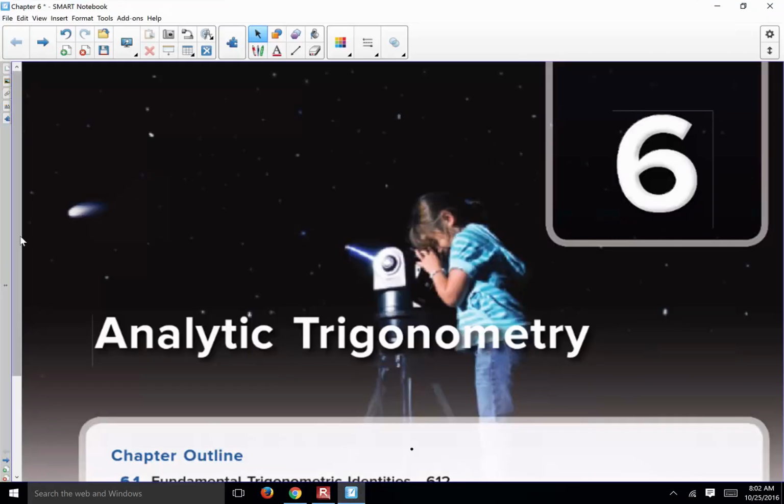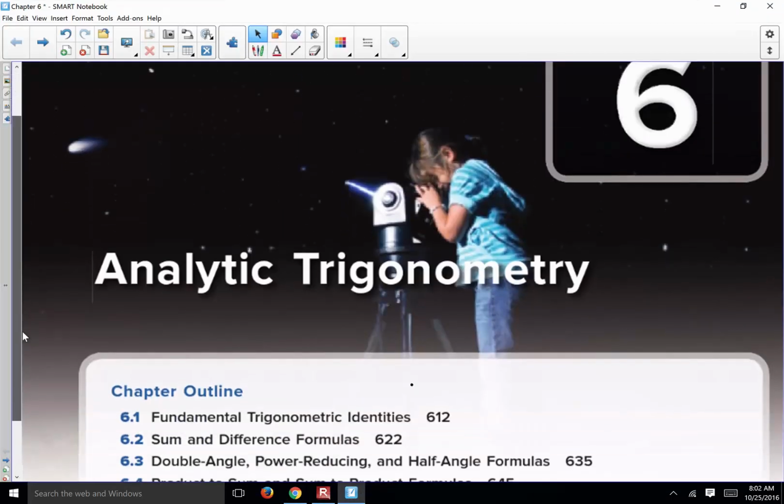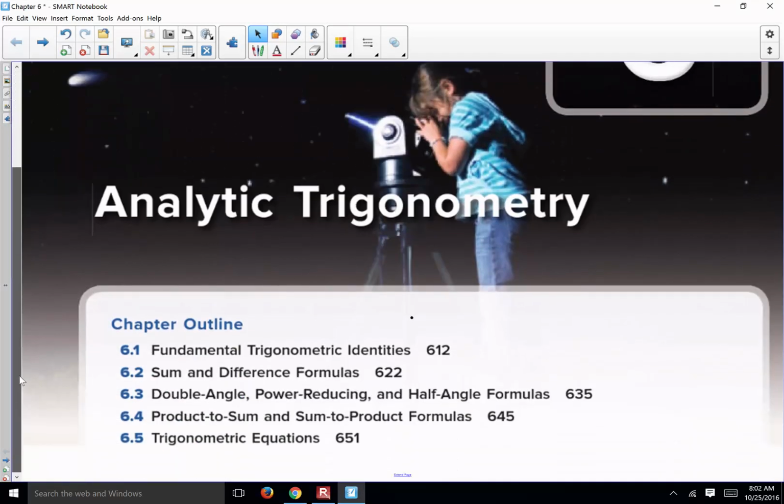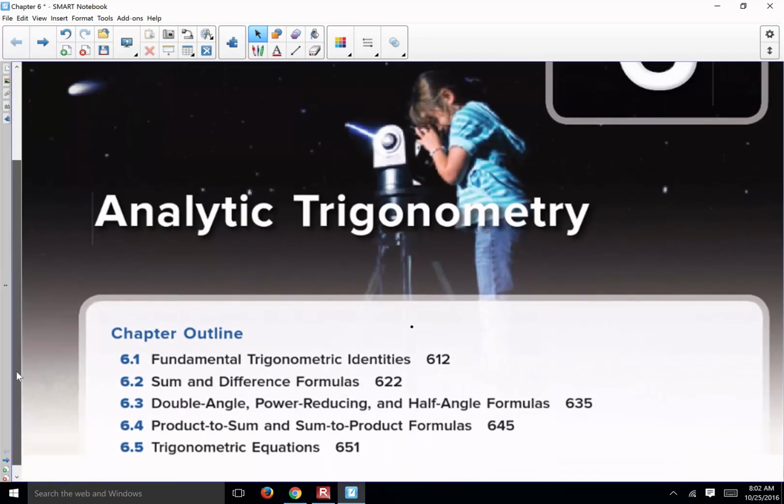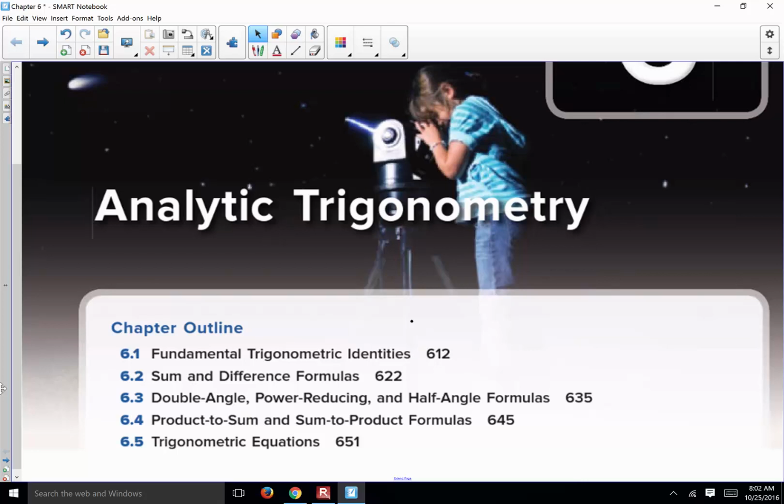Alright, analytic trigonometry. We will cover 5 sections here. We will first employ trig identities to build newer ones and see the relations between them, and then in the remaining sections we will build more and more formulas, more trig identities. So you're going to have a whole page list of identities, unfortunately.